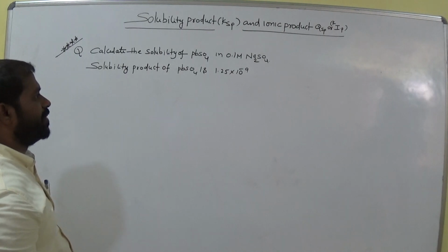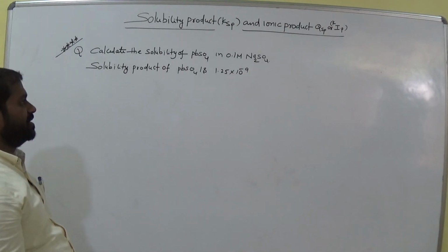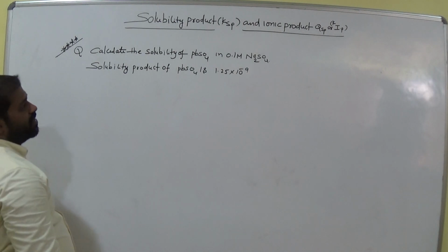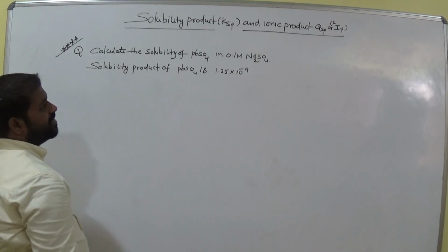Solubility product is 1.25 into 10 power minus 9. Very, very important. So here, calculate the solubility of lead sulfate.